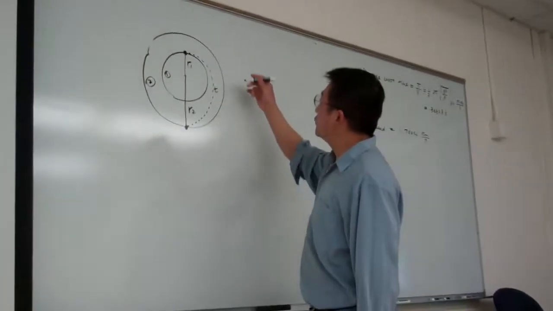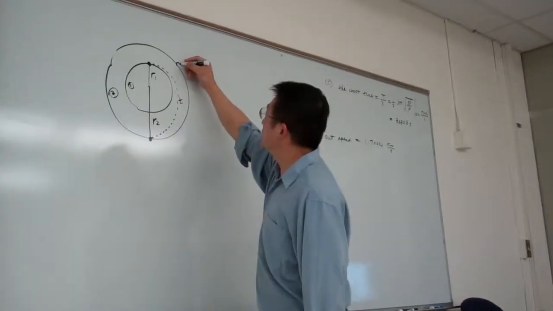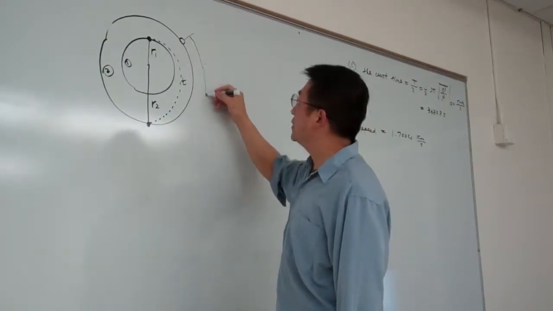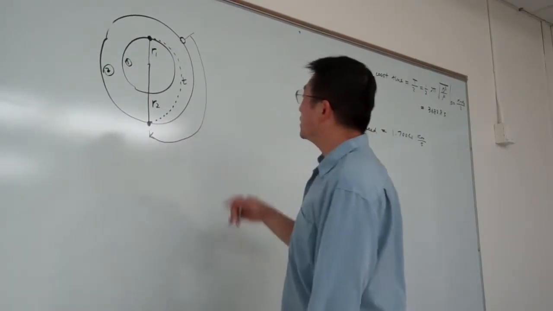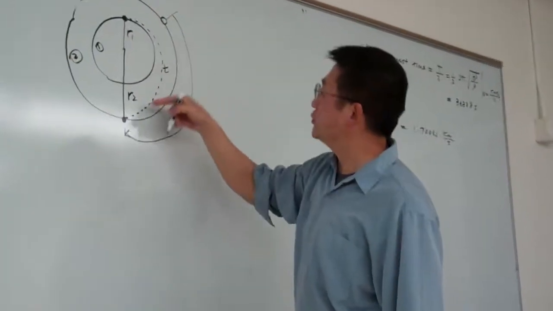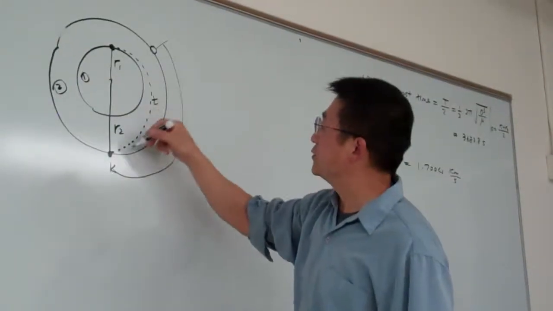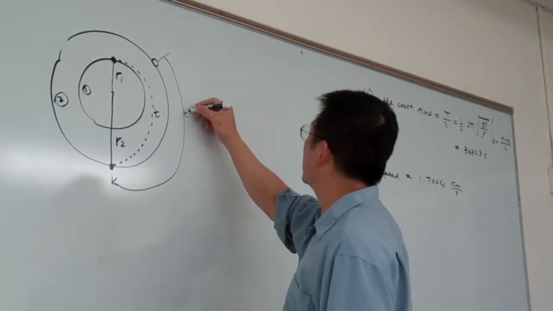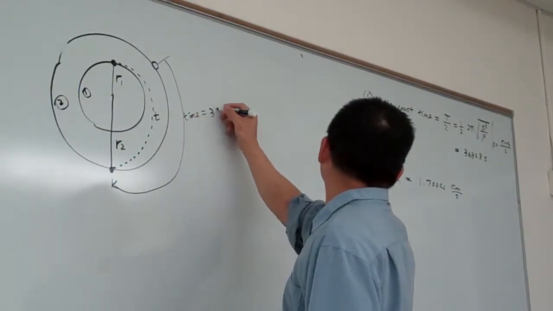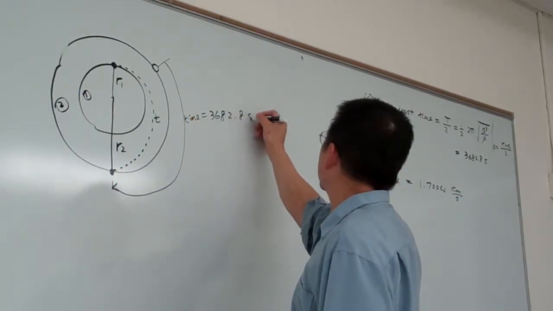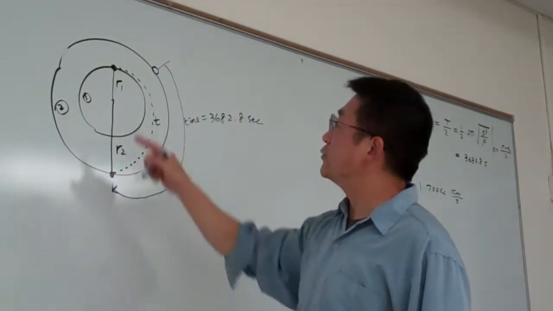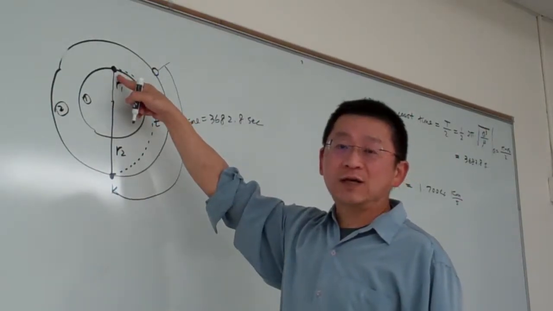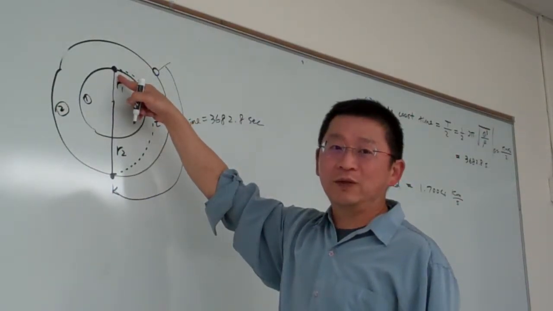If this is a spacecraft here moving from here to here, it must take the same amount of time as the other one from here to here. So that time is equal to 3682.8 seconds. That means we have to time the launch, otherwise they won't meet together.